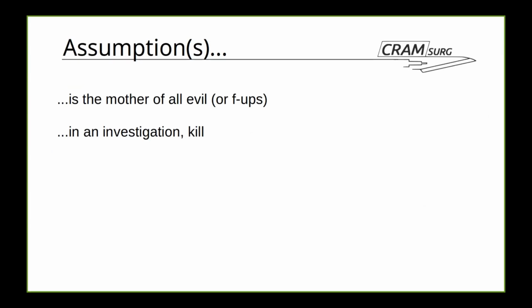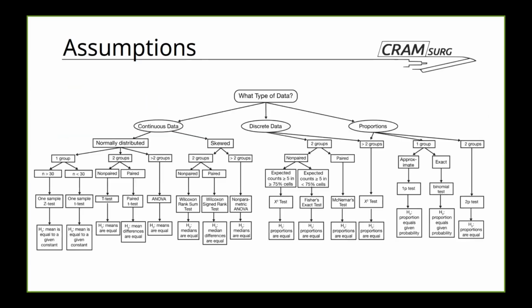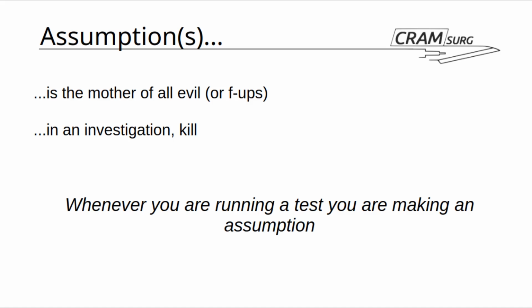Ultimately, when you're running your own research project, you're effectively running an investigation. So whenever you are running a test, you're effectively making an assumption. And that assumption has to do with the data you've got, such as its type, distribution, and so on.